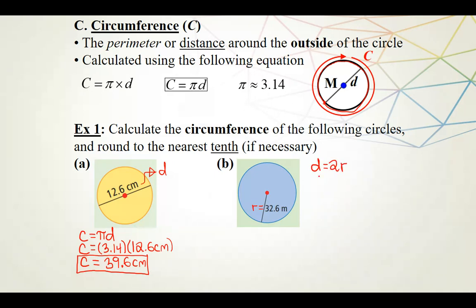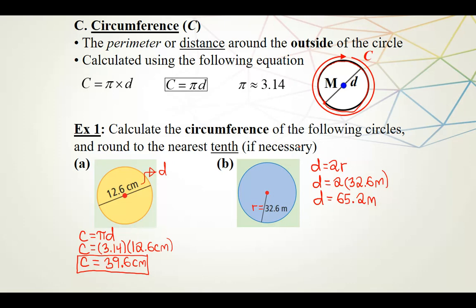So you have diameter is equal to 2 times r. If I plug that in, it would be diameter is equal to 2 multiplied by 32.6 meters. And then D, 2 times 32.6, would give you 65.2. So my diameter is just double the radius.